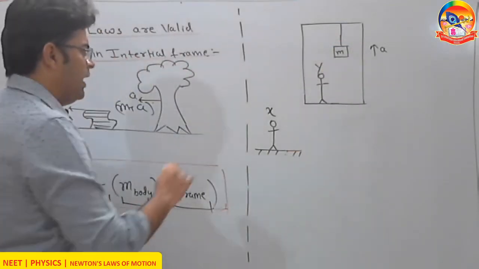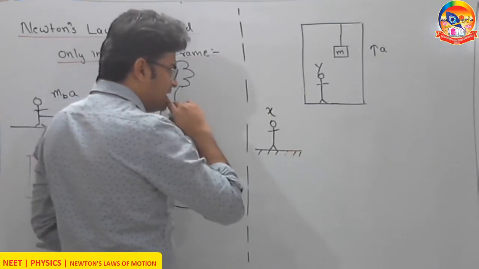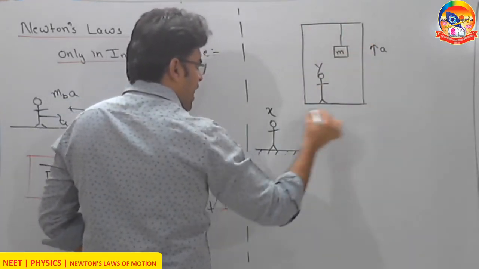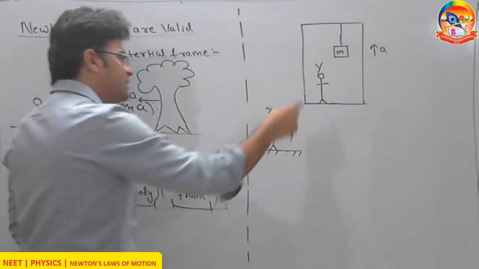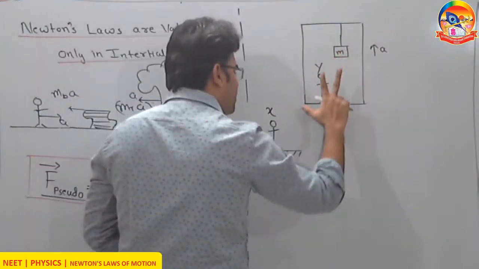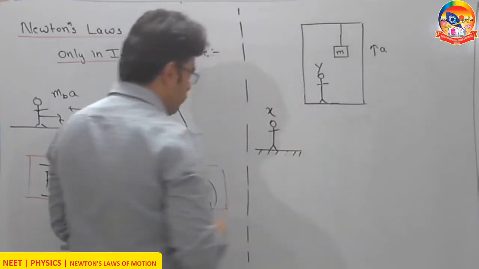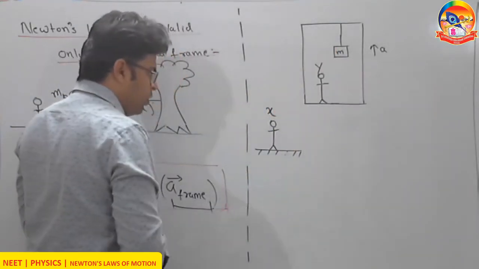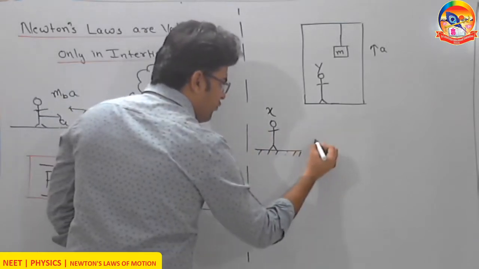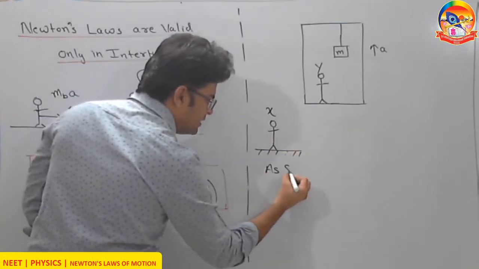Now see, as seen by X, X will say, look, this elevator accelerates up with an acceleration a. So this person Y as well as the block here must also be accelerating up with an acceleration a. Then he looks at the forces acting on the block.